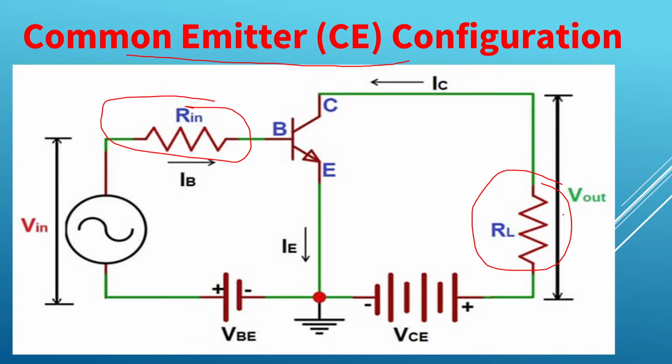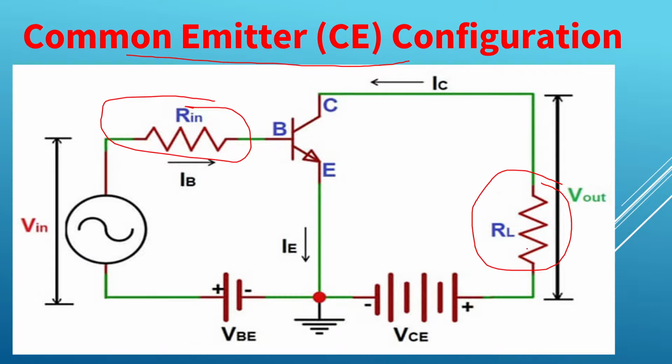This common emitter configuration can be used for many amplifying circuits. Since it is providing voltage gain as well as current gain, it is used for audio amplifiers, signal processing circuits, and in other applications where strong amplification is required. So this is about common emitter configuration.